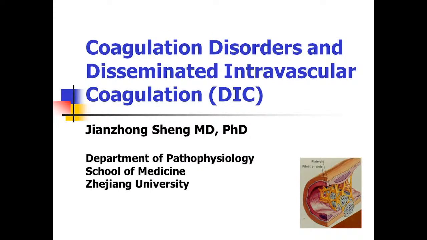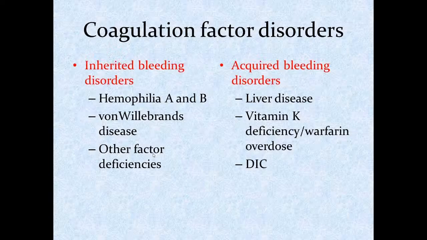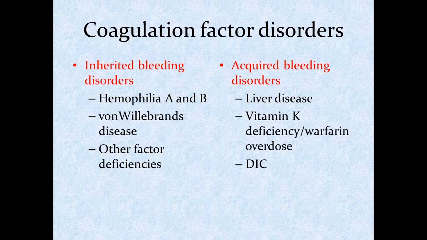Next, very important syndromes of bleeding are coagulation disorders and disseminated intravascular coagulation, DIC. Student, now I tell you about the coagulation factor disorders.